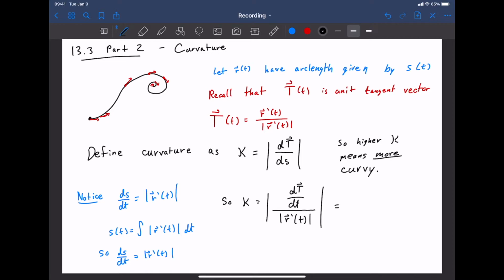Or we could just write this like it's excessive to have two magnitudes. It's the magnitude of T prime divided by the magnitude of r prime. And that's a much nicer formula.